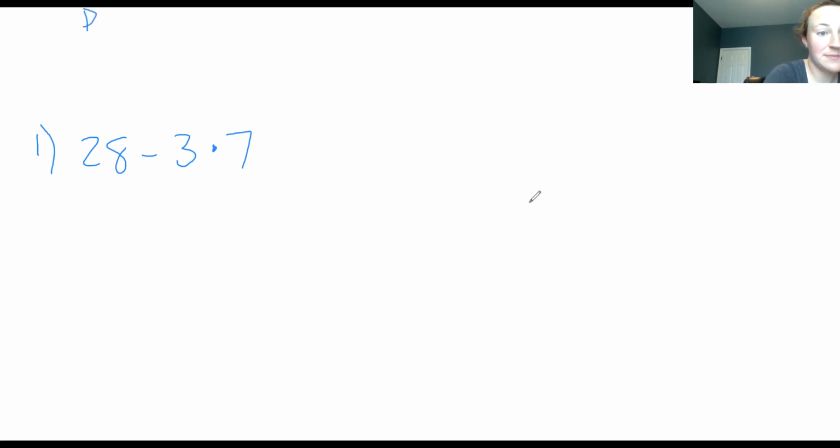Okay, on that last page, so we said PEMDAS looks like this. You don't have to write this part down because you already have it on your paper. But looking here, so I've got subtraction and I have multiplication. Well, multiplication comes before subtraction in PEMDAS, so this is what I'm going to do first. Now, look at this. Is this 3 positive or negative?